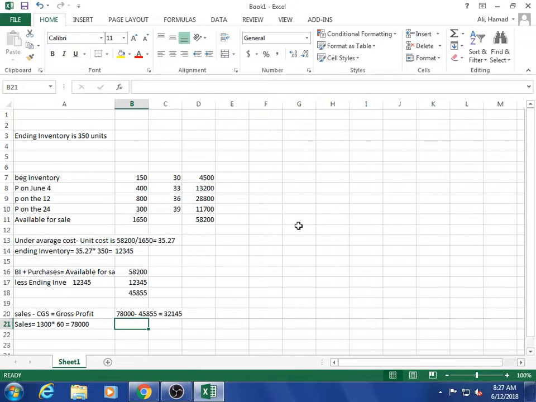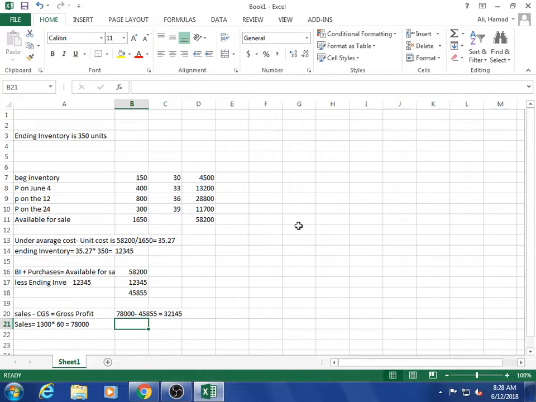We first have to sell the 150, then the 400, then the 800, then the 300. That's FIFO. All right. So we sold everything except 350 units.